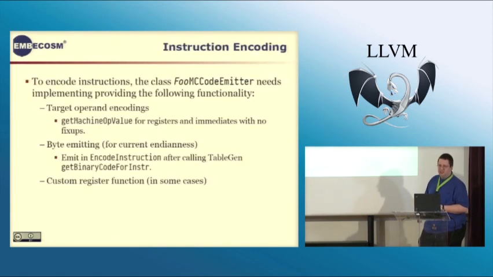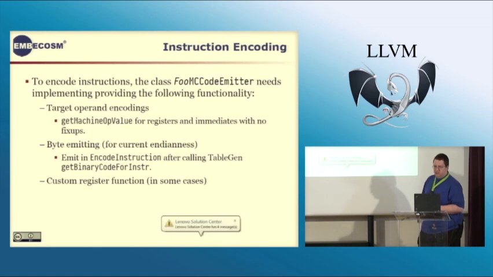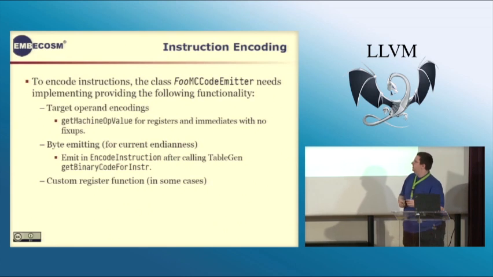Encoding is a similar case. You create a class, MCCodeEmitter, which calls, for each instruction you want to encode, getBinaryCodeForInstr, which in turn calls a bunch of functions that you have to write. Specifically, getMachineOpValue: while TableGen will be nice and put together all of your fields, and shift and OR all your bits into whatever size bit field you want, you have to make sure that your registers are encoded the correct way.